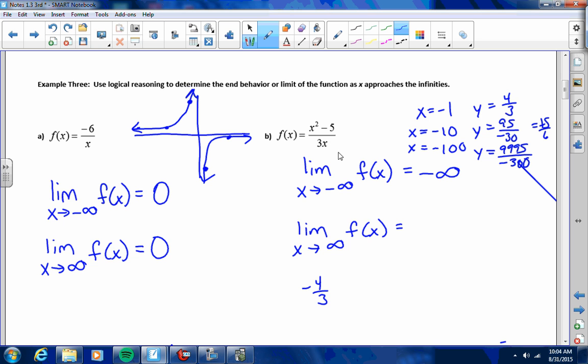So now we're at a positive 95/30. Then if x is a positive 100, now we're at a positive 9,995 divided by 300. Now what's happening to these numbers? Getting bigger and bigger, going to positive infinity.